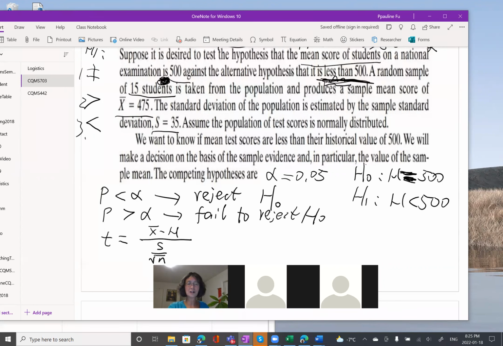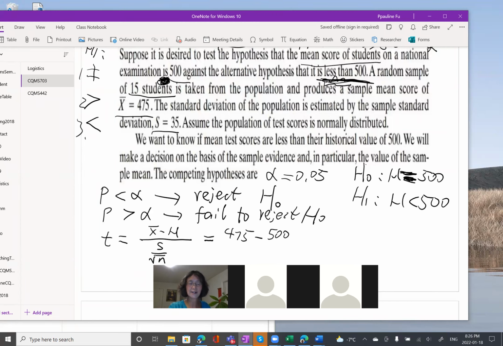That is the formula for the test statistic. And then X bar is given, 475. Mu is given; see, mu is 500. We assume mu is 500.